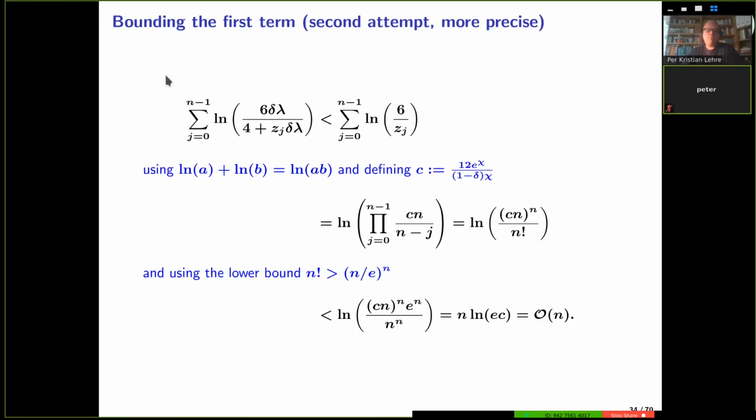So to be a bit more precise, I can say, okay, this expression is going to be upper bounded by log of 6 over zj. So I ignore this 4 here.